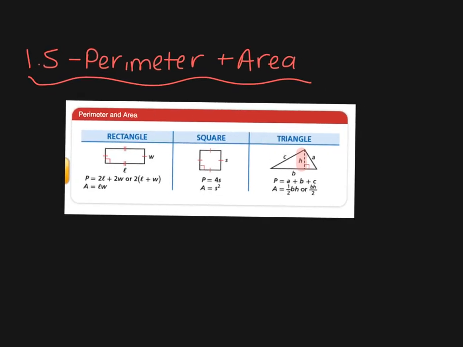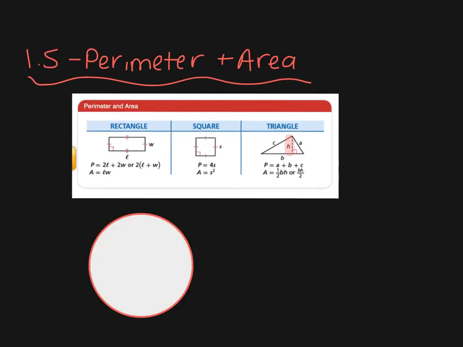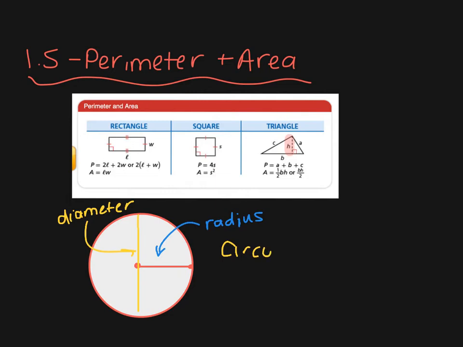And then we did circles. So a couple of parts to the circle, straight from the center to the side. This was called the radius. And then all the way through would have been the diameter. And the perimeter of a circle is actually called circumference. This is like the crust of the pizza.